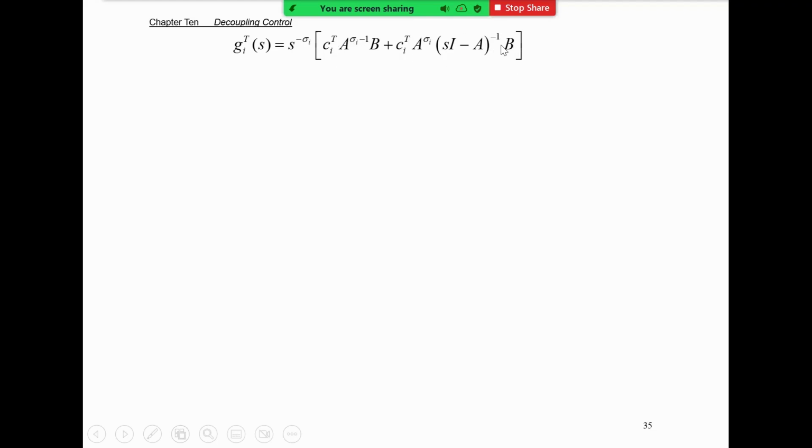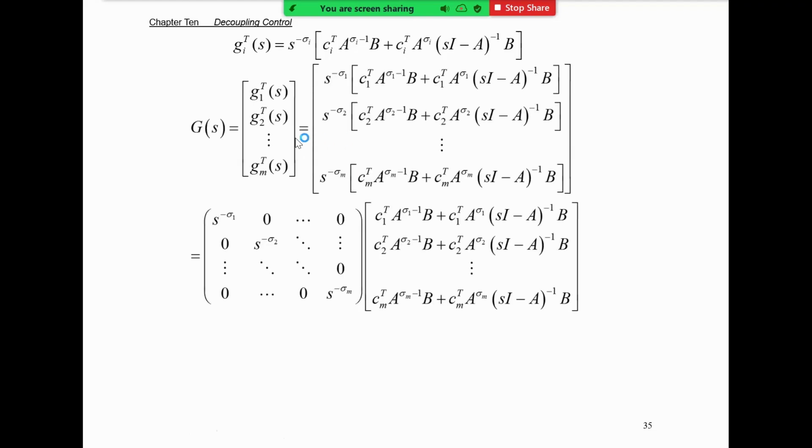I can write it in a compact form with the help of the expression of this matrix, the inverse of SI minus A. Any questions? Okay. Once you understand this, the rest is supposed to be easy.